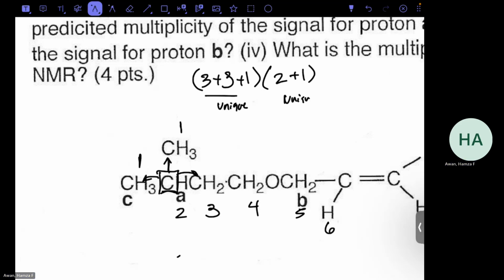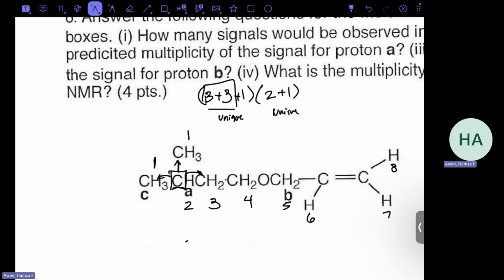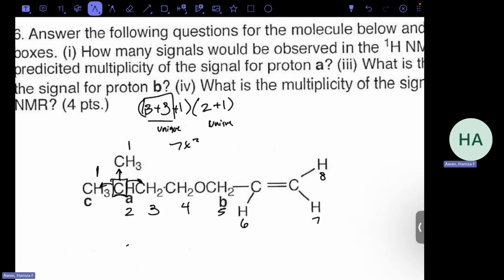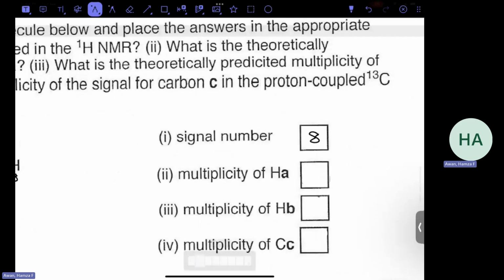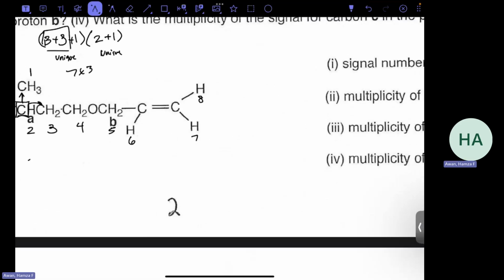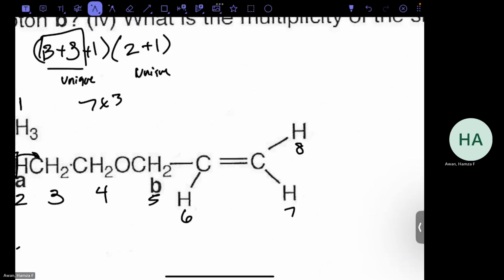And this first unique carbon has 2 things which are identical, which is why we put them as this 3 plus 3, right? So if we were to multiply this all together, this would be 7 times 3, and that gives us 21 as a multiplicity, right? Multiplicity of HB.